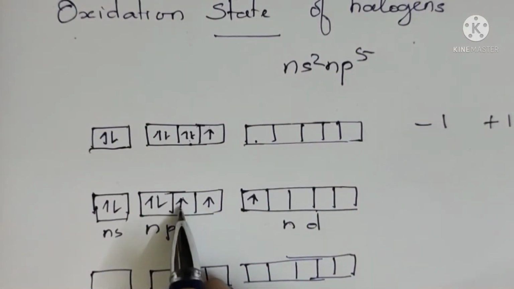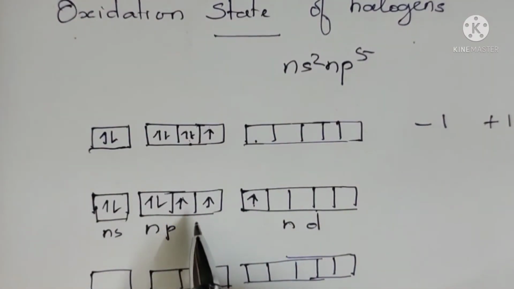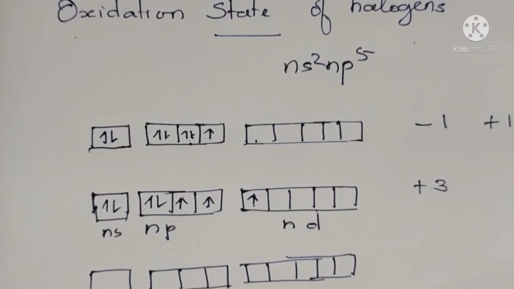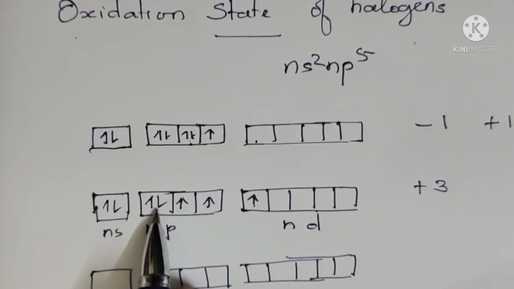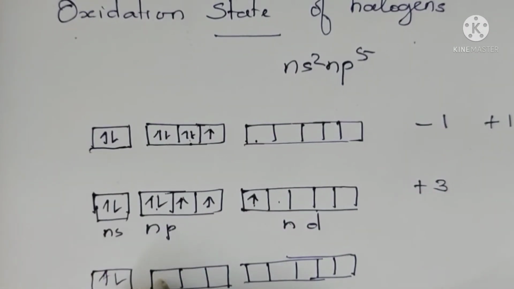Now it contains 1, 2, 3 unpaired electrons. So if it loses these 3 electrons, it will attain +3 oxidation state. Similarly, if this electron is promoted to here, we will get a configuration like this.